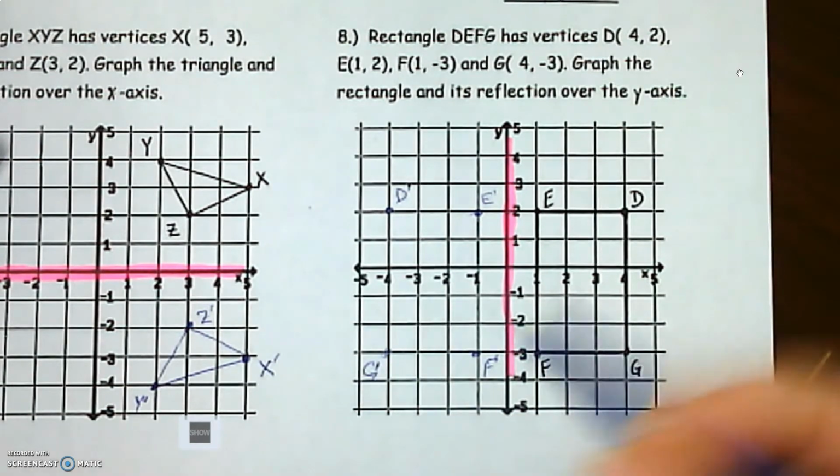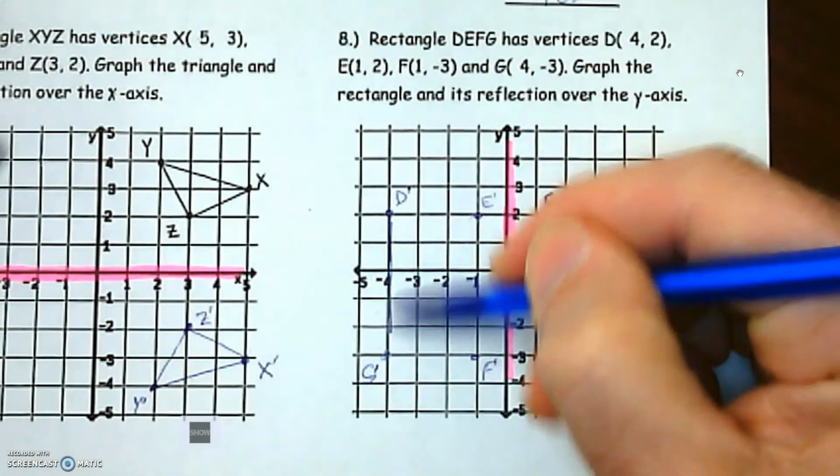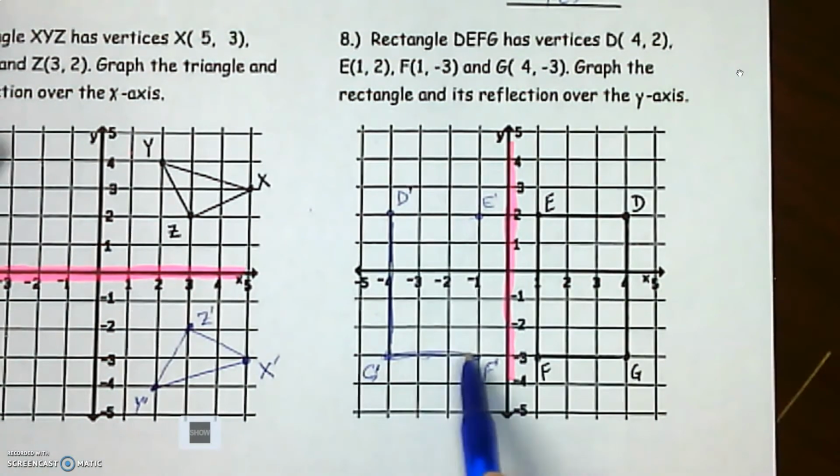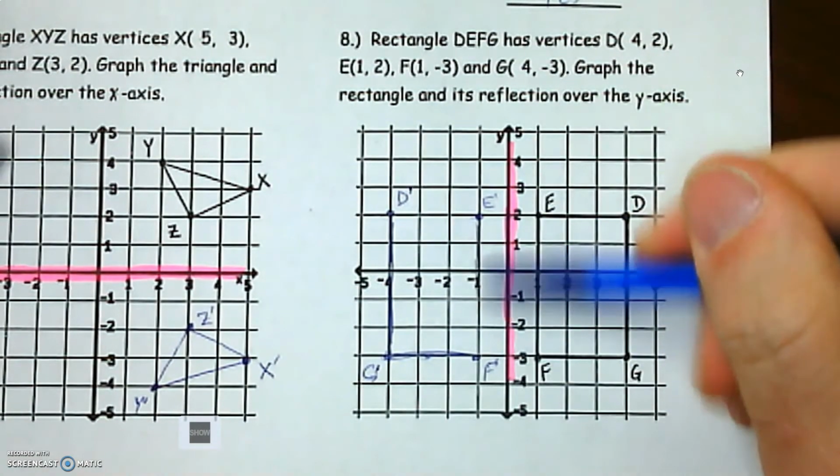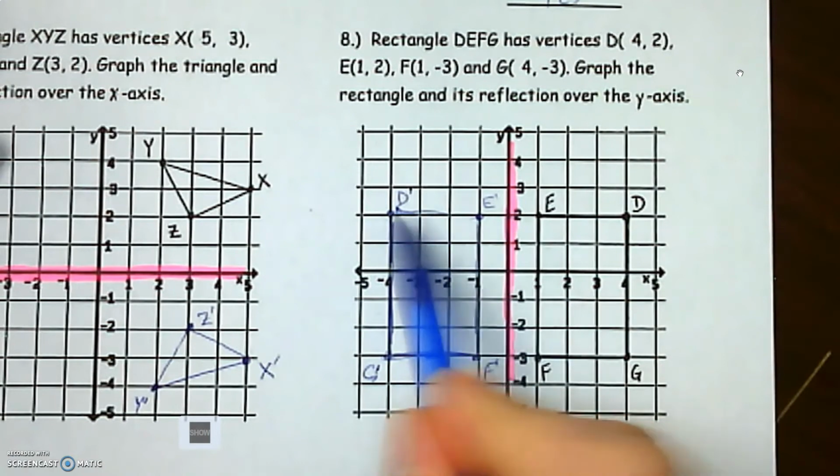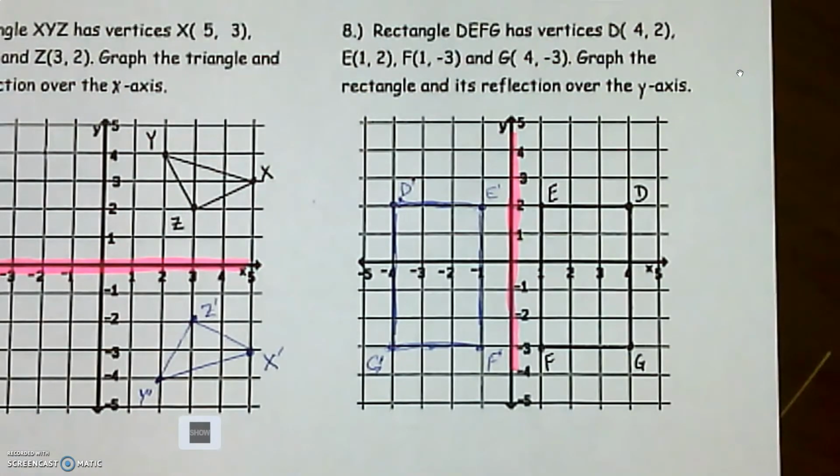Sorry, I said the wrong letter. So I'll connect my points here. And that is triangle. Did I just call that a triangle? I did. That is a rectangle. D prime, E prime, F prime, G prime.